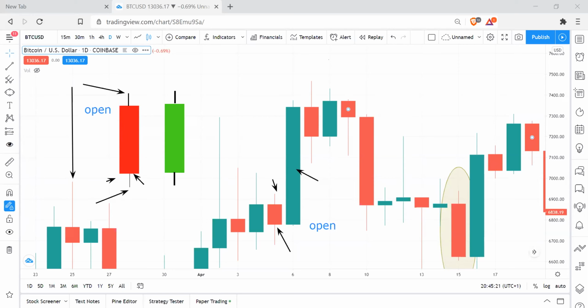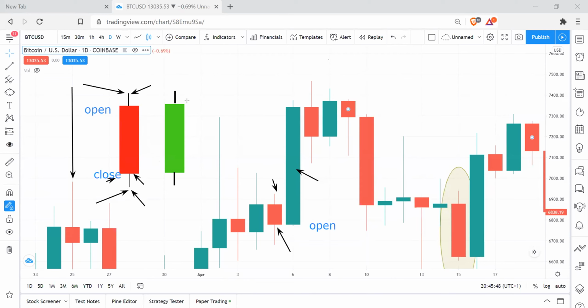Down here. I'm pretty sure you're following, right? Yes, beautiful. So now, what is the highest point that price got to? This wick up here. The lowest point that price got to? This wick over here. That does not change.